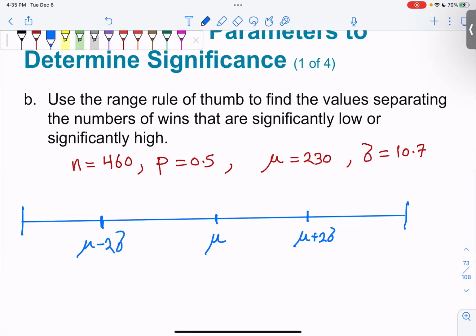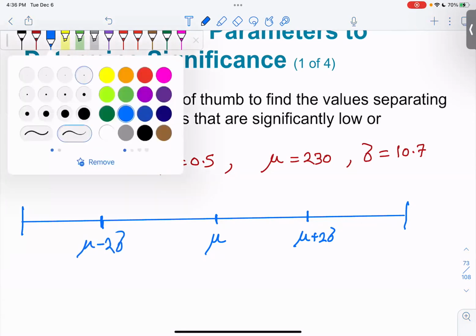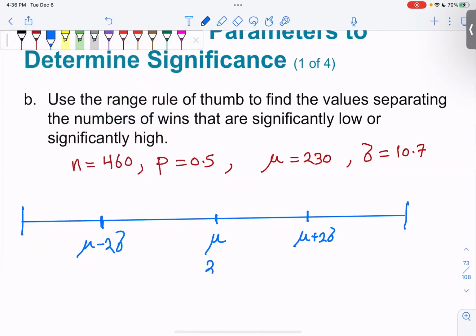Okay. So we have our mu equal to 230. And then here we have mu 230 plus 2 times 10.7, which is 251.4.